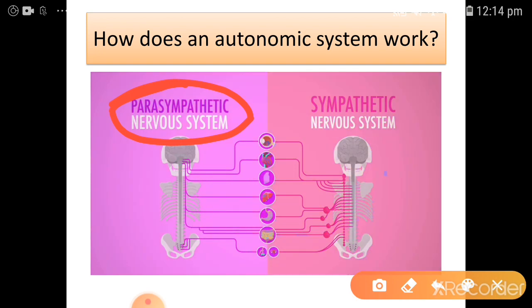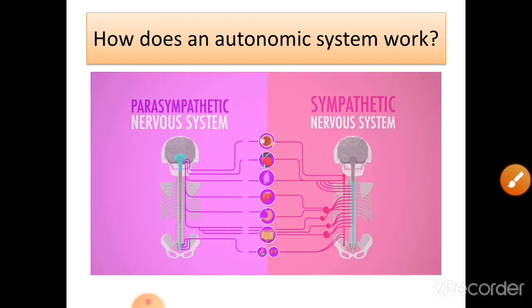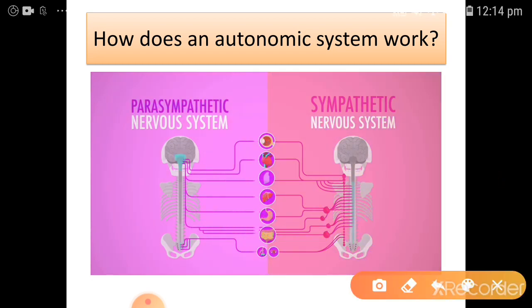Similarly, if your blood vessel is constricted, that is done by the sympathetic nervous system, and it is brought back to its dilated position by the parasympathetic nervous system. Similarly we have the beating of the heart during anxiety.